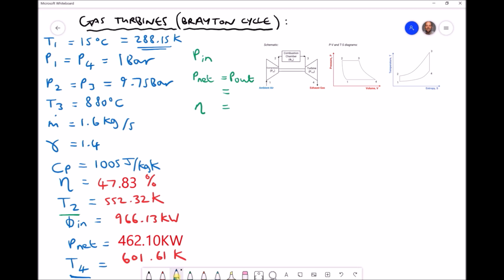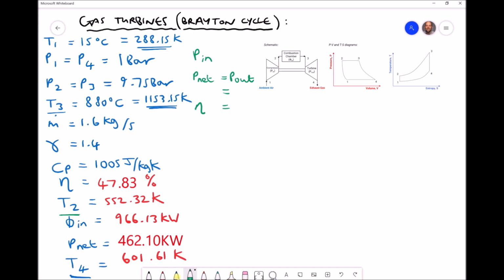The other temperature I'm going to convert to Kelvin is T3, and then all of our temperatures will be in Kelvin. So 880 plus 273.15 equals 1153.15. Since none of our temperatures T1, T2, T3 or T4 are changing, we now have all of the temperatures we need for this cycle.